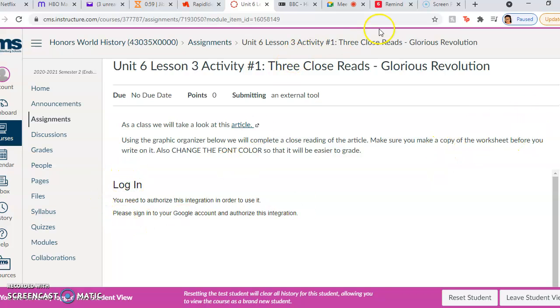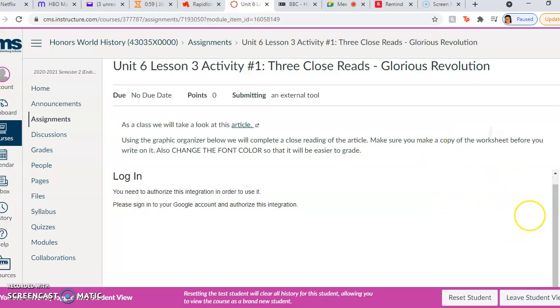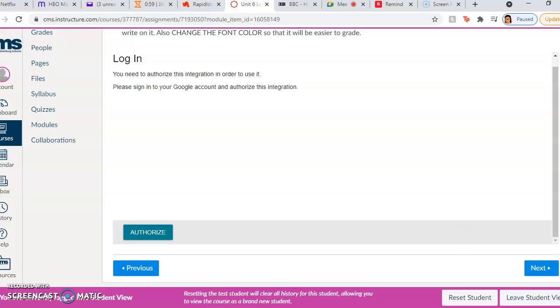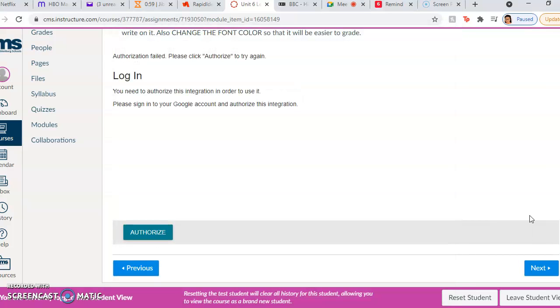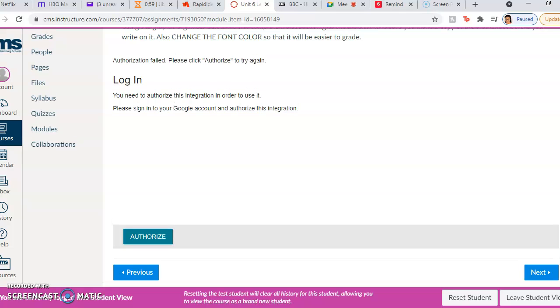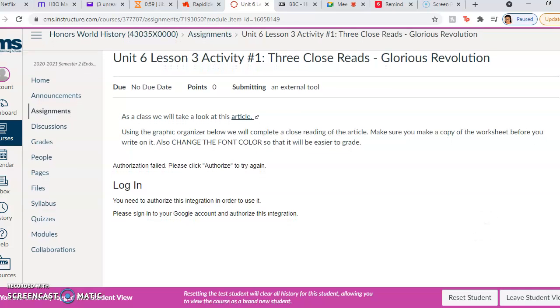The graphic organizer says certain things like copy of 3 close reading worksheets, and it's just going to ask you a bunch of questions, and then you will fill that out from that aspect.